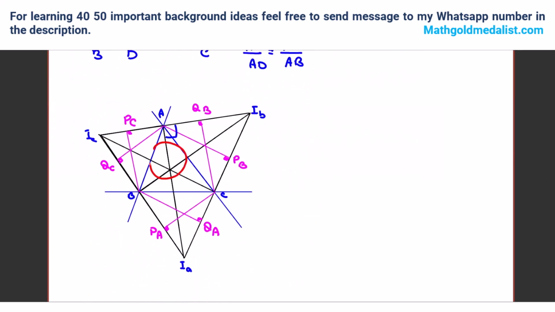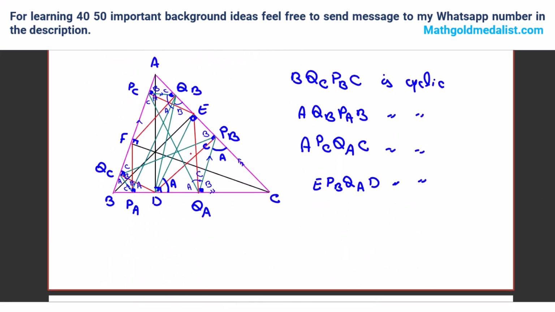IG here is IG of this triangle, and because we've considered altitudes, it will be IG of the orthic triangle, right? We should prove IG and the circumcenter of this circle are concurrent, right?